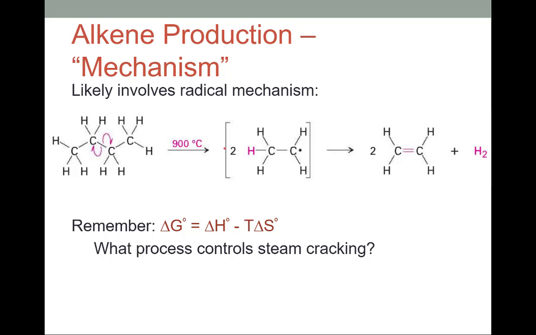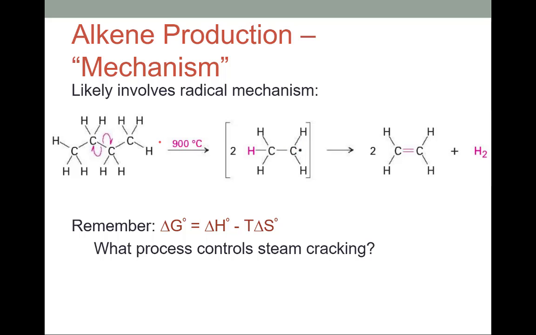The mechanism here probably involves a radical mechanism like we talked about in an earlier chapter. We could think about a homolytic cleavage of a carbon-carbon bond at high temperature. Now, we talked before about how that's not particularly stable, and a carbon radical is amongst the least stable radicals we could imagine making.